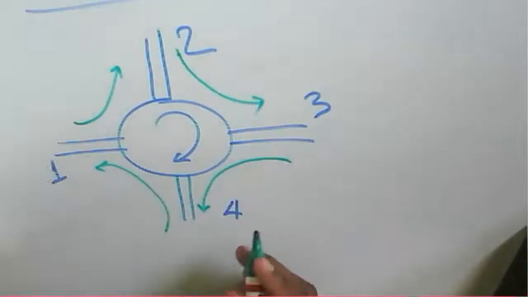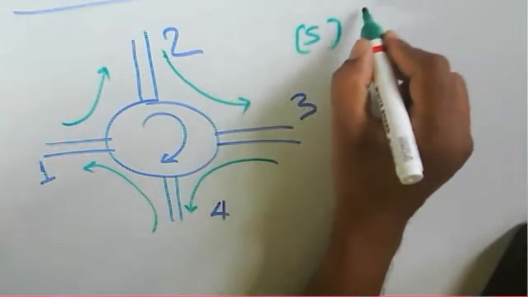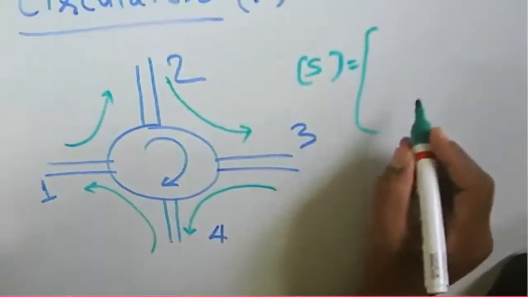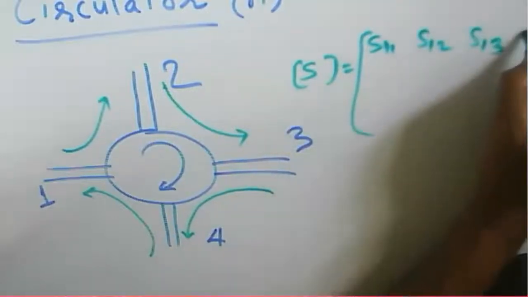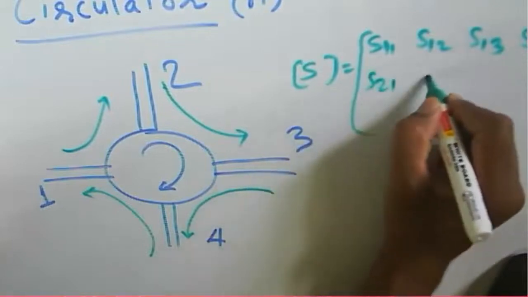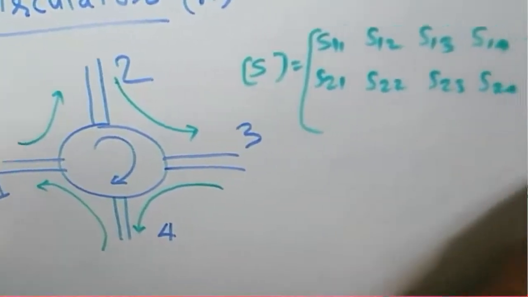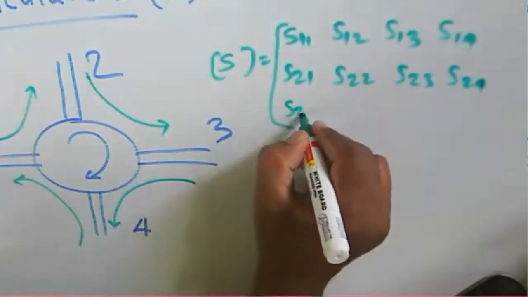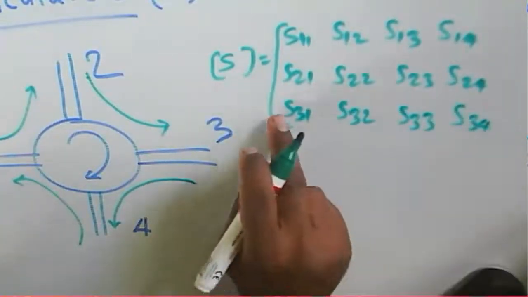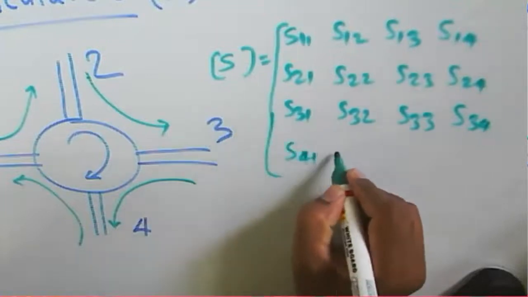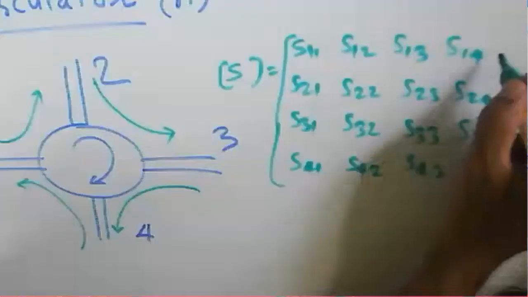Now if you obtain the S matrix for this circulator, it is a 4-port: S11, S12, S13, S14, S21, S22, S23, S24, S31, S32, S33, S34, S41, S42, S43, S44.